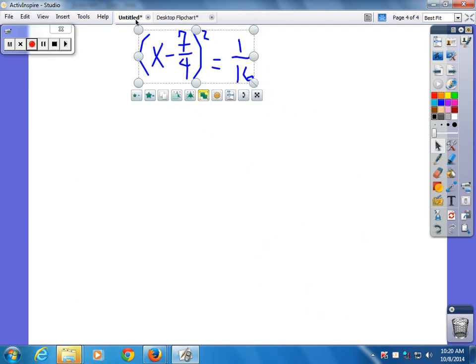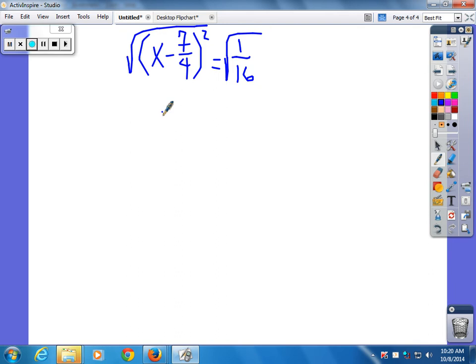All right, so we're going to finish it. Now take the square root of both sides. X minus 7/4 is equal to 1/4, positive or negative. X is equal to positive or negative 1/4 plus 7/4.